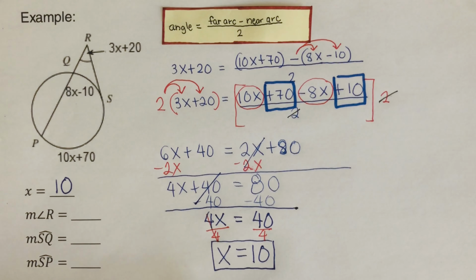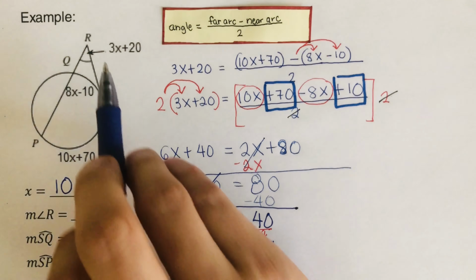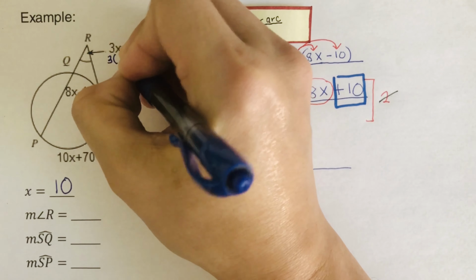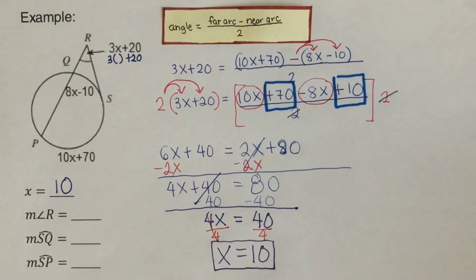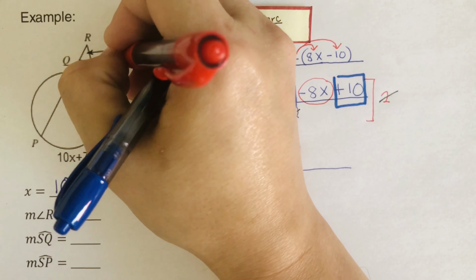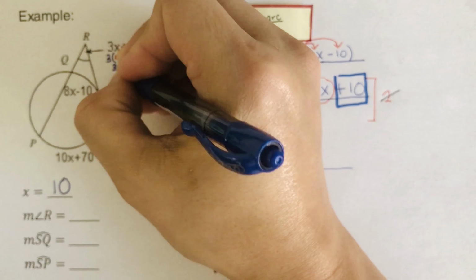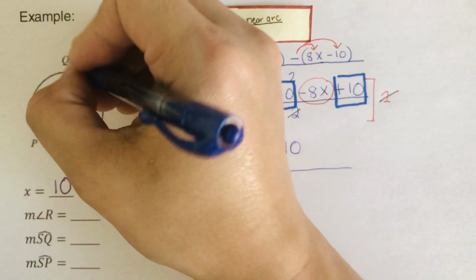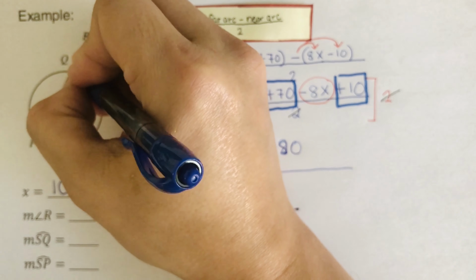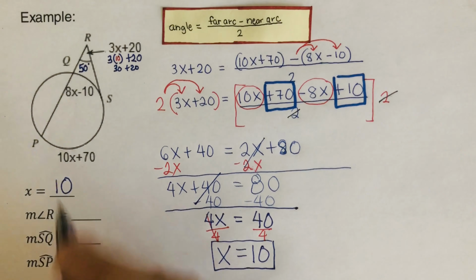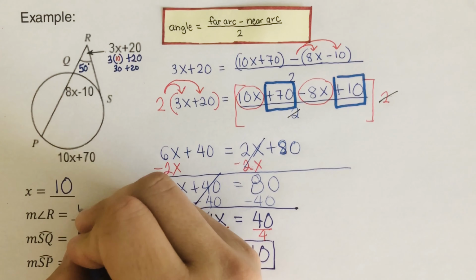To do that, we plug this 10 into the equation. So that would be 3 times x plus 20, and again, our x here is 10. So 3 times 10 is 30, plus 20. This is 50, so I'm going to write 50 degrees for the angle. So angle R is 50.